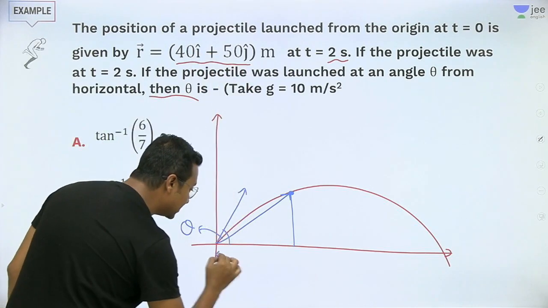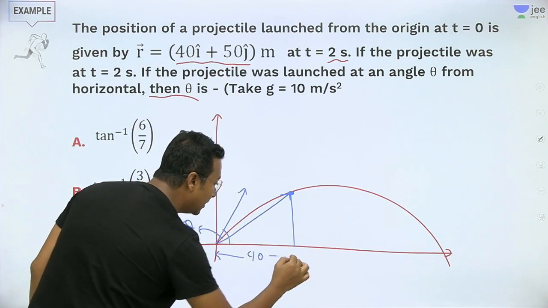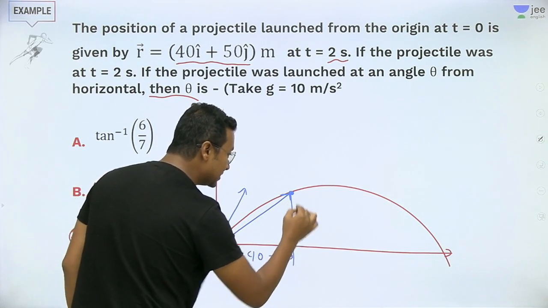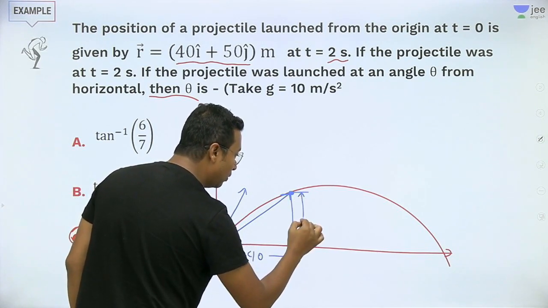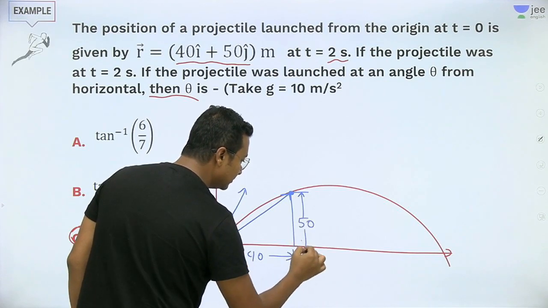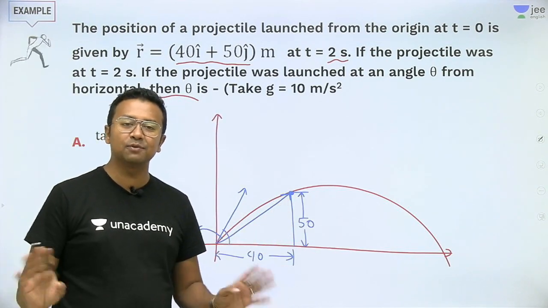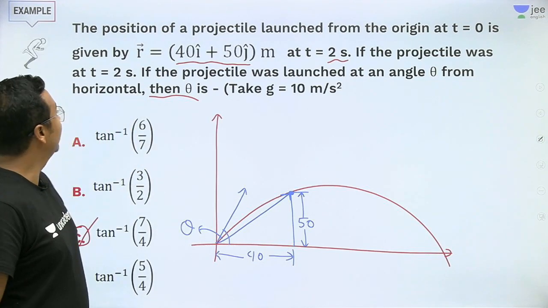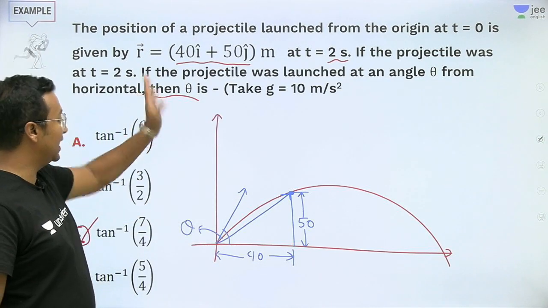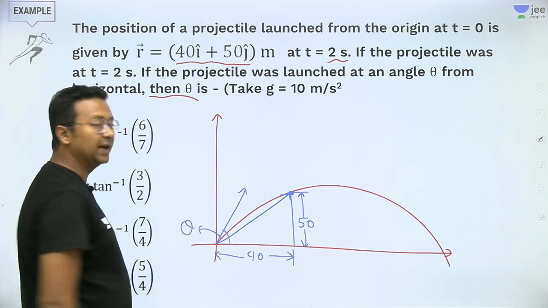That means the distance it has covered horizontally is 40, and the distance from here to here is 50. Got it? So 40 and 50. Fine enough. So that is the position vector. If the projectile was launched at an angle, then find the value of theta.